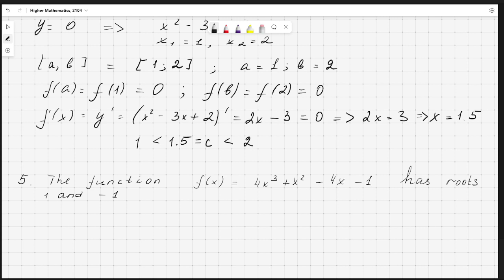Find the root of the derivative f prime of x mentioned in Rolle's theorem.